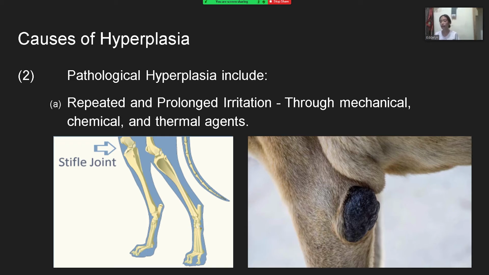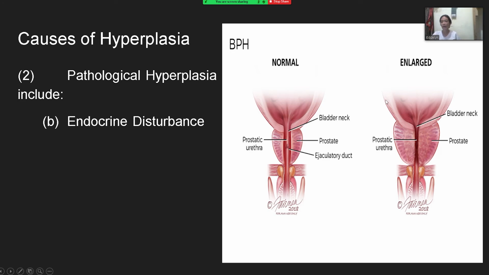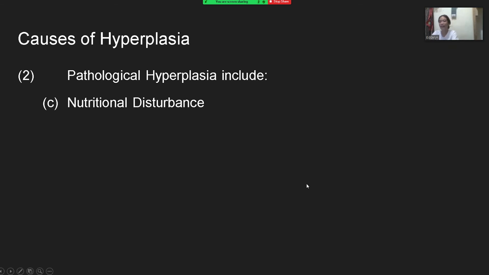Another cause of pathological hyperplasia is endocrine disturbance. Next, infectious causes. And then wound healing.